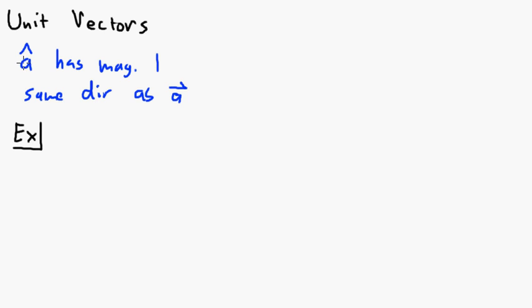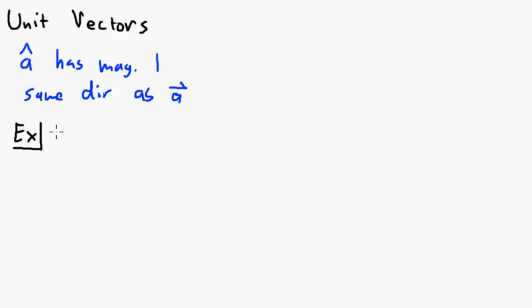Whether it's got units or not, whether it's a force or a displacement or velocity or an acceleration or a momentum or an impulse or any kind of vector quantity can be scaled into a unit vector that has magnitude of 1 with no units.